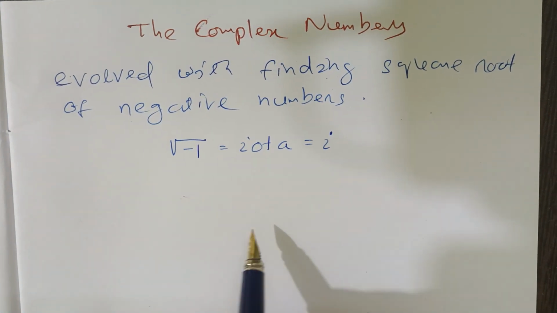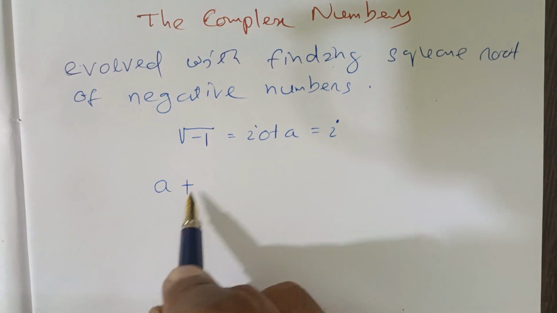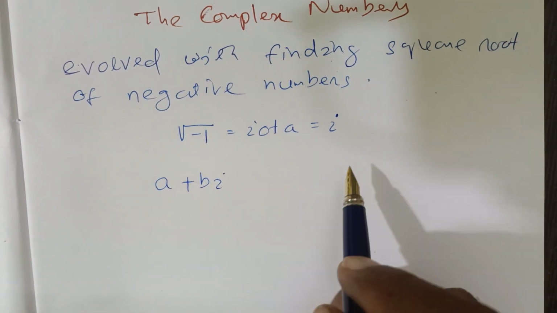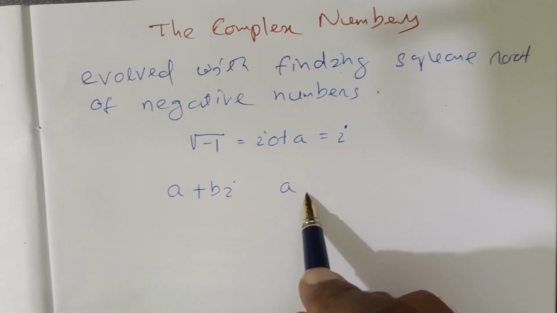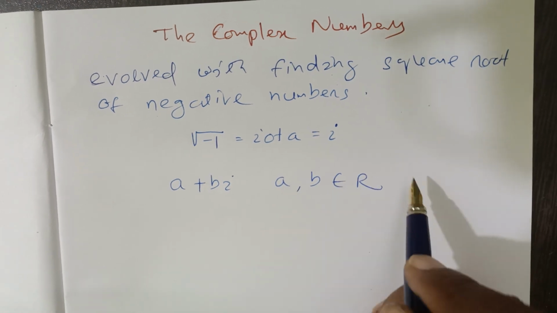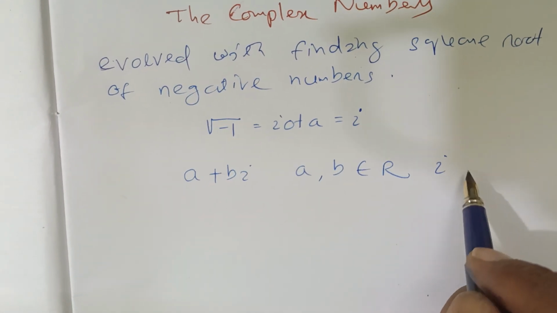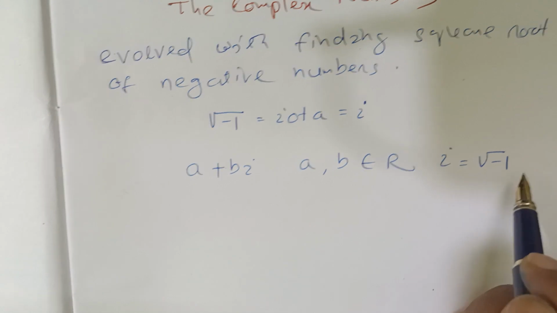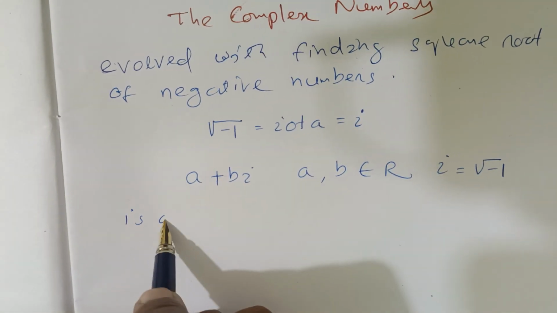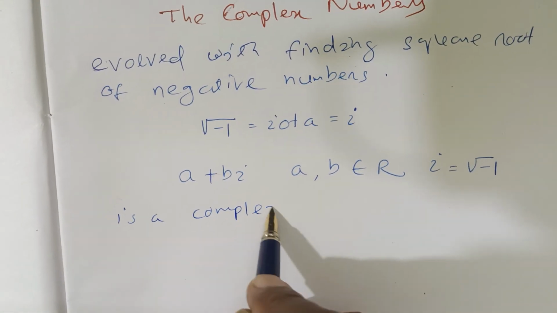And what is a complex number? Every number of the form a + bi, where a and b are real numbers and i, the iota, is equal to the square root of -1, is called a complex number.